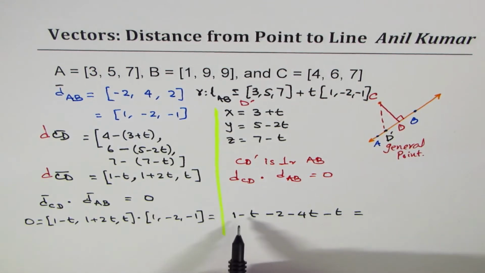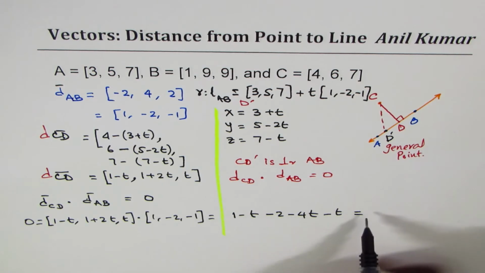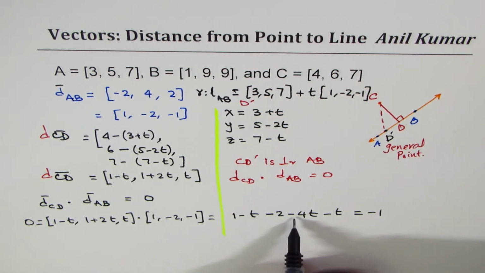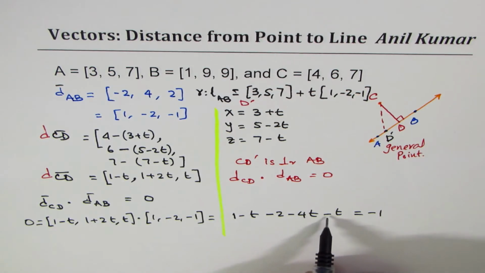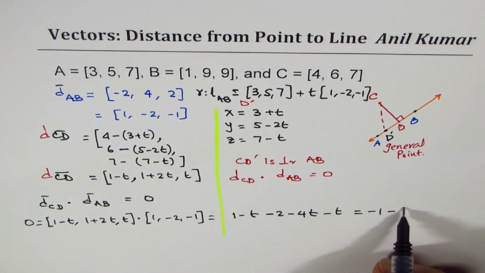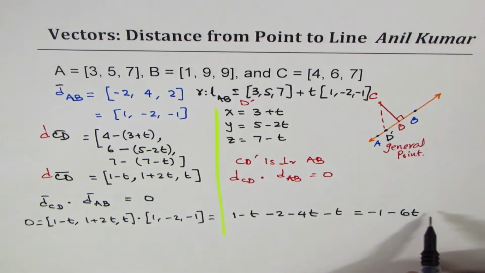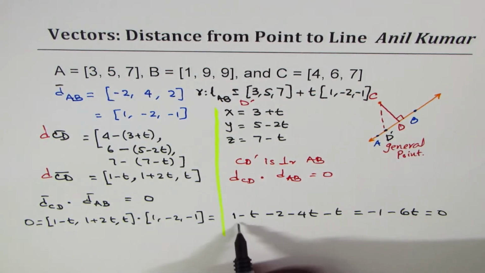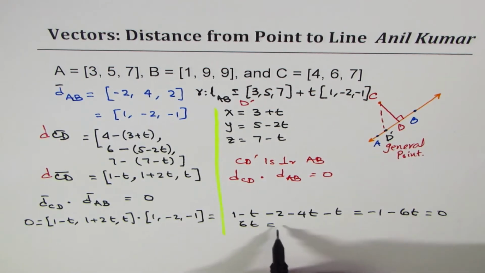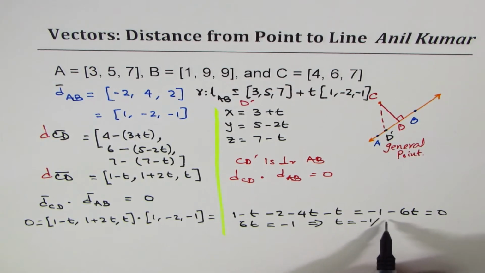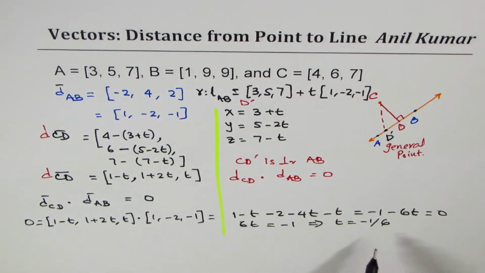So 1 minus 2 is minus 1, and minus t minus 4t minus t means minus 6t. So we have minus 6t, and that should be equal to 0. That means 6t equals minus 1, and it implies t is minus 1 over 6.